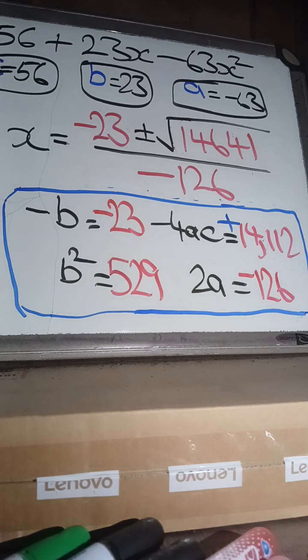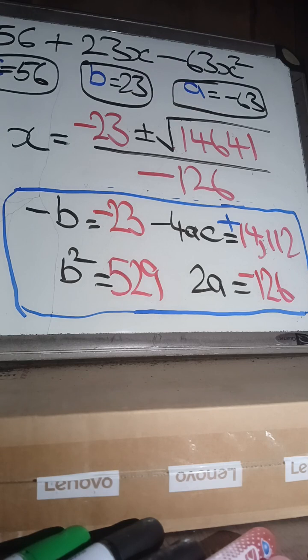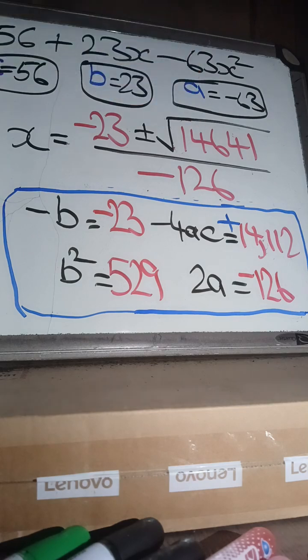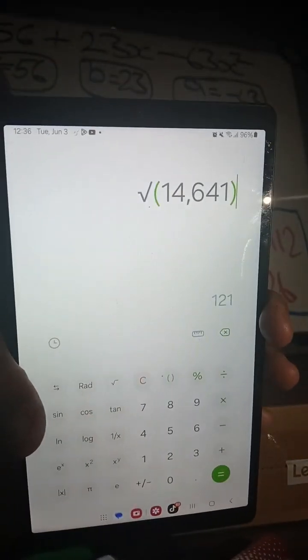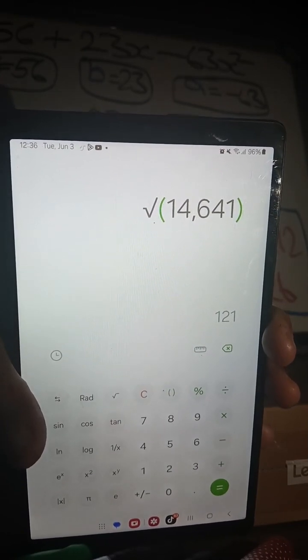So this is 11 raised to the 4, and if you divide that by 2, it's really 11 raised to the 2. So if I square root this, I'm going to get 121. I can guarantee that.